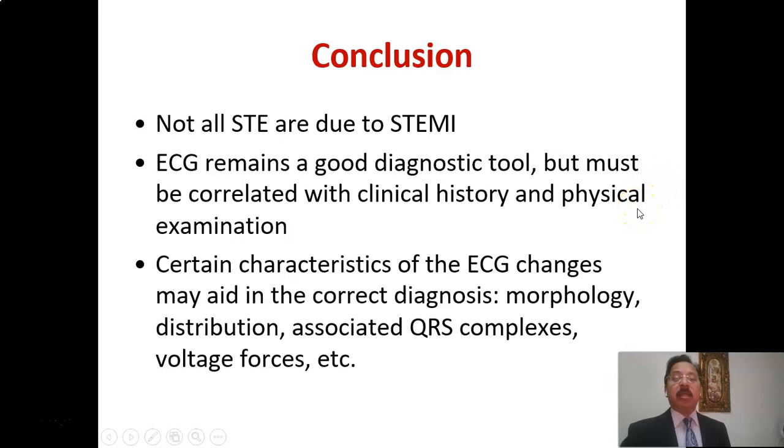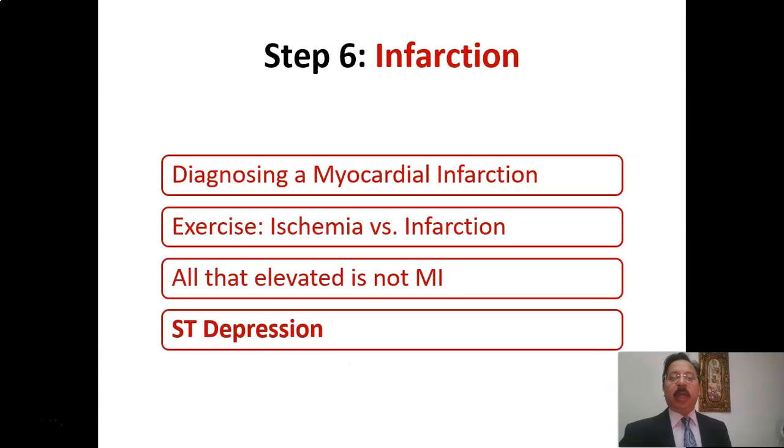Certain characteristics of ECG changes may aid in the correct diagnosis, like for example morphology of the QRS complexes and ST segment, distribution, associated QRS complexes, voltage factor, and other significant history. All these are important to reach a proper diagnosis.